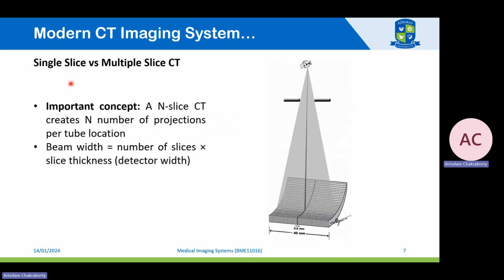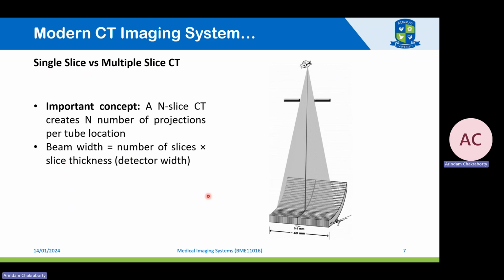Like I was saying, if we consider an n slice CT machine like the 64 slice, it can generate n number of projections per tube location. That is a very important concept. So a 64 slice CT creates 64 projections per tube location, and it can create a total of 64 cross-sectional slices after a 360-degree rotation of the tube.